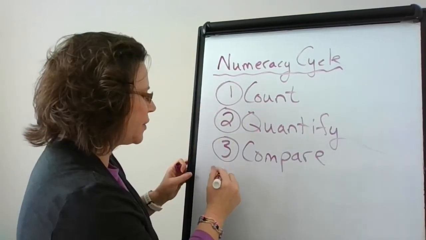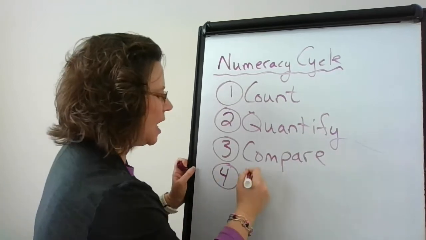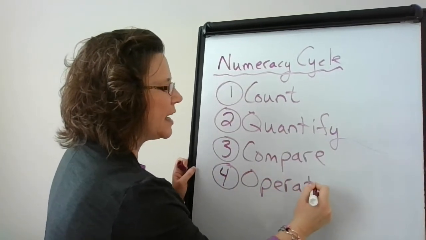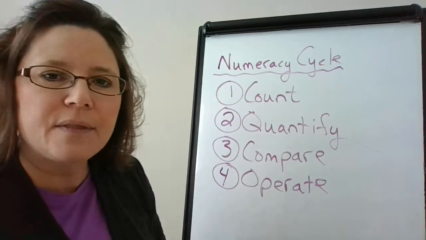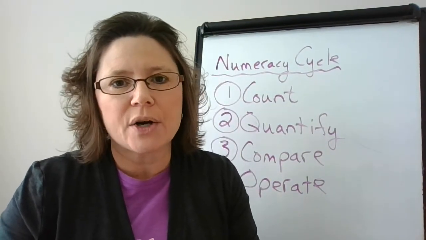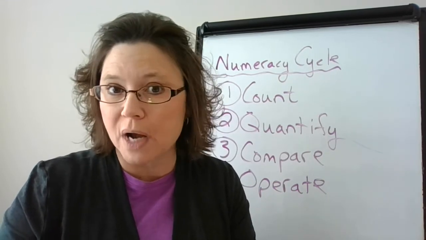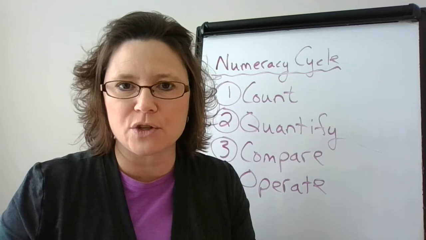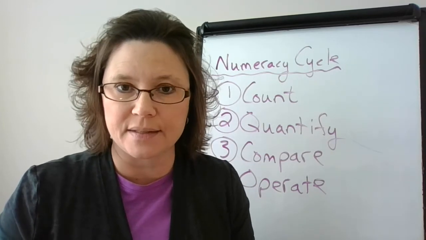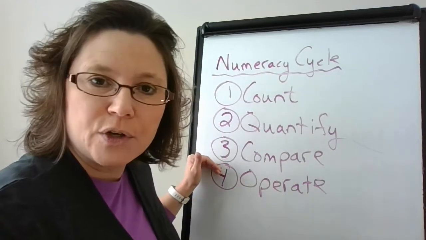So let's put the fourth component here, and then I'll explain it and answer that question. Operate. That is the fourth and final component in the numeracy cycle. So when we are having students operate, add, subtract, multiply, and divide, if they are struggling with algorithms or procedures or with mental math or the conceptual understanding, we can take them backwards in the numeracy cycle.